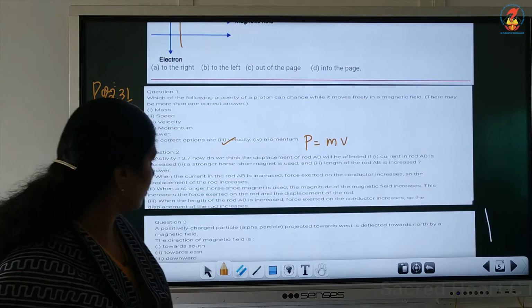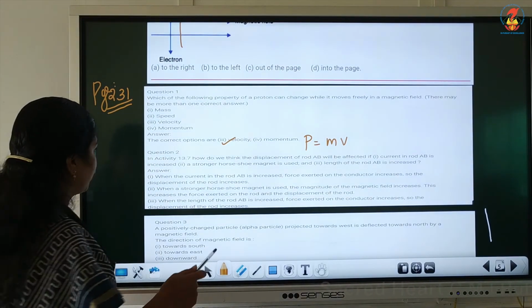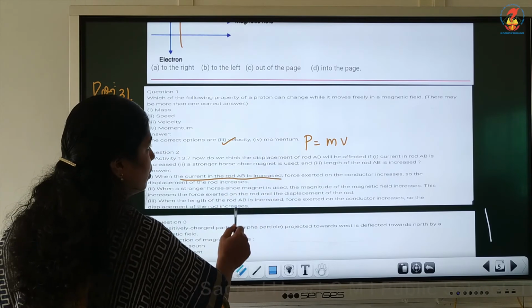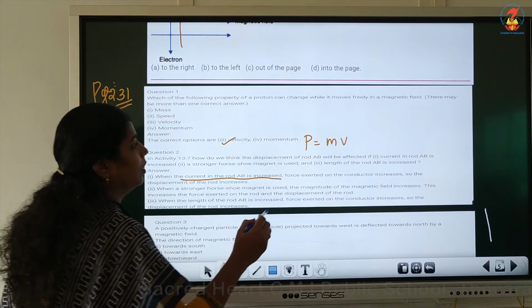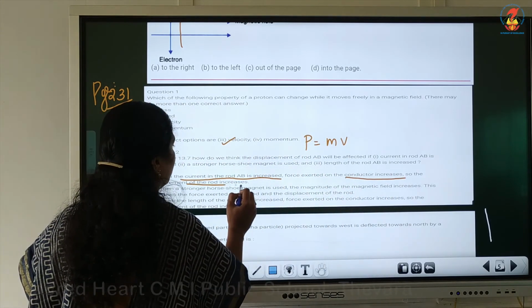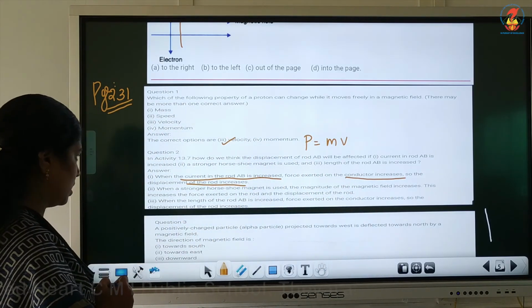So the answer is, when the current in the rod AB is increased, the force experienced by the conductor increases and the displacement of the rod increases.